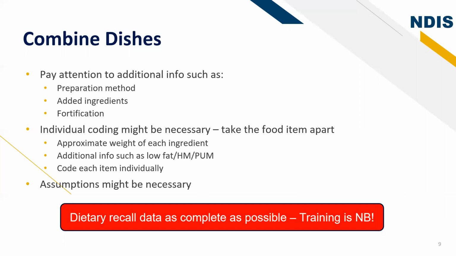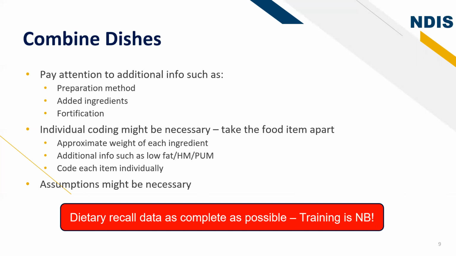So you'll have to take the food items apart, get the approximate weight of each ingredient, or at least a ratio. Was it half beans and half samp, if we think of samp and beans? And for instance, if they added spinach or pumpkin, what percentage was pumpkin? Was it a third, a third, and a third, or was it half pumpkin and a quarter beans and a quarter samp?